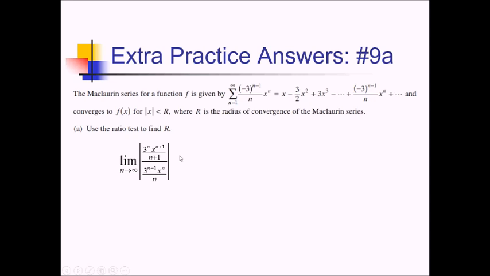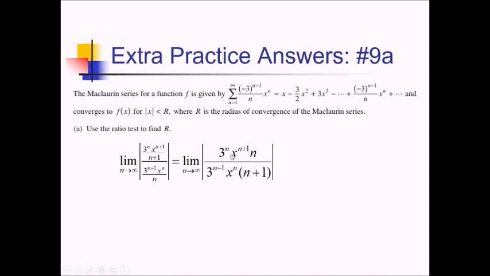So now same change flip to simplify this a bit before I try taking that limit. We're going to have 3 to the n, x to the n plus 1, all that times n. That's my numerator. Down below, I have n plus 1, 3 to the n minus 1, and x to the n. I can reduce these 3's to leave me with just a 3 in the numerator, and the x is also reduced to leave me with just an x in the numerator.